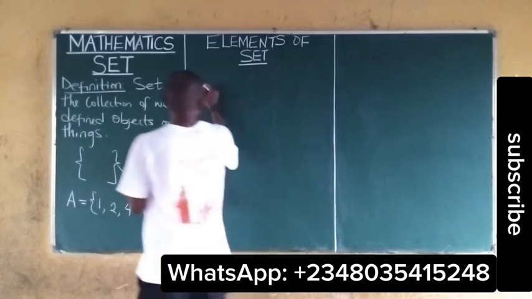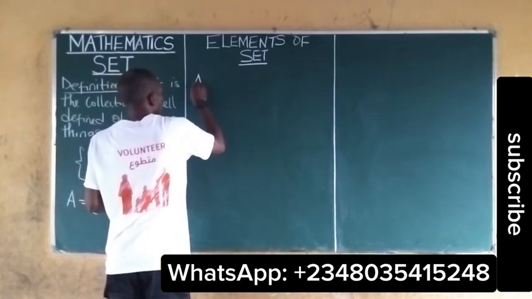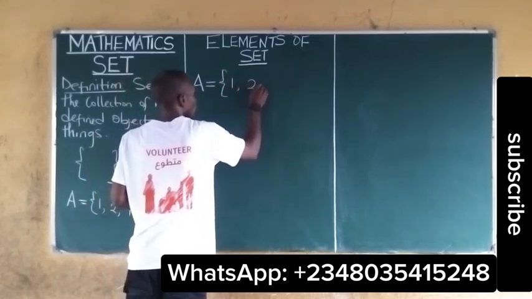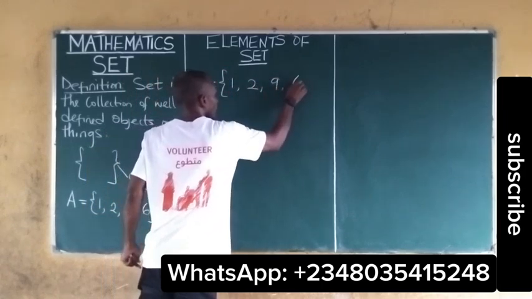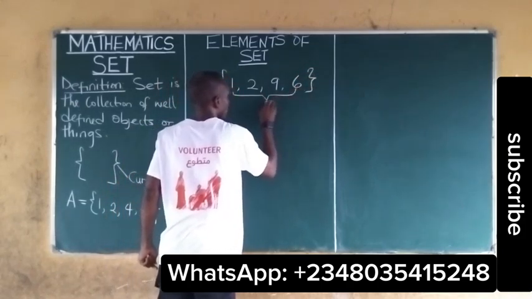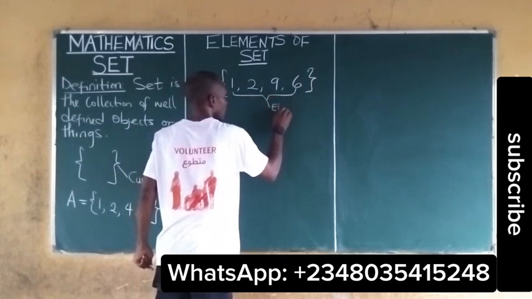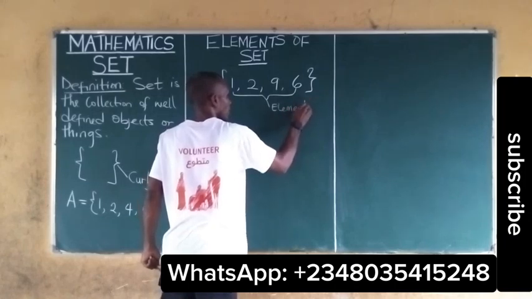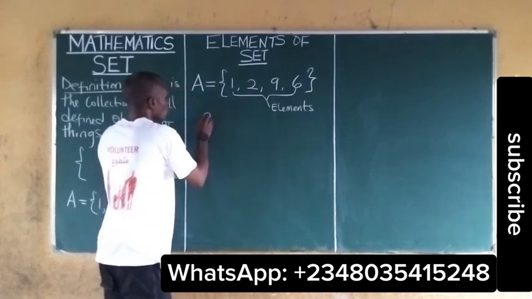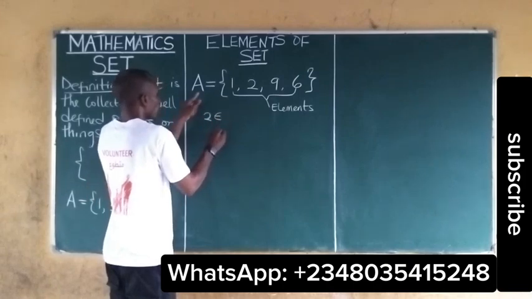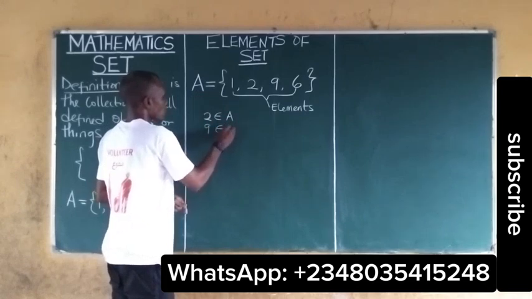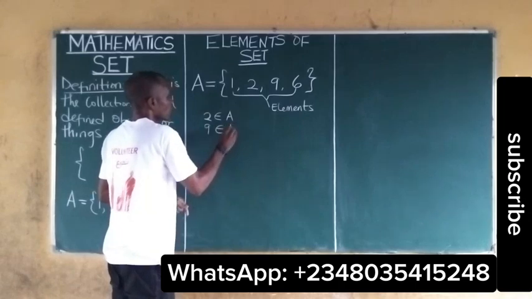For example, if we have A to be our set of 1, 2, 9, and 6, the whole of these are known as the elements. So 2 is an element of set A. Likewise, 9 is an element of set A.